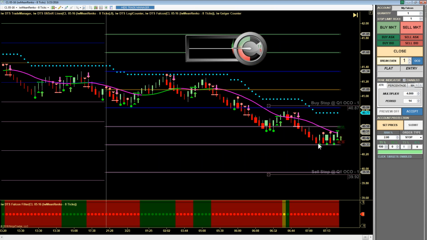No real signal just yet, and look at how balanced the market is. Oh, well, it was perfectly balanced there for a moment. Okay, crude inventory should be coming out any moment now.